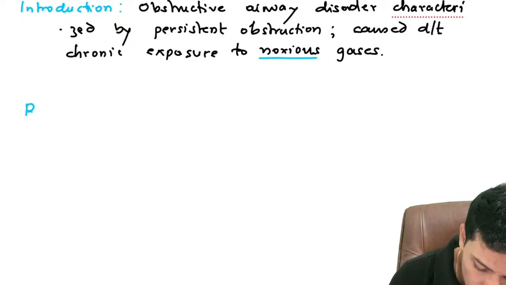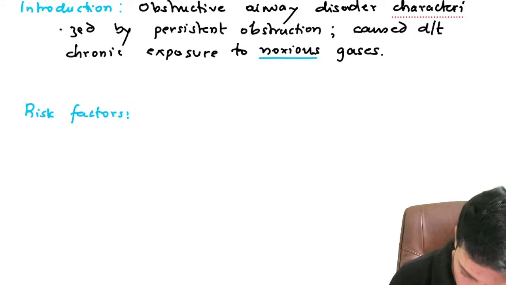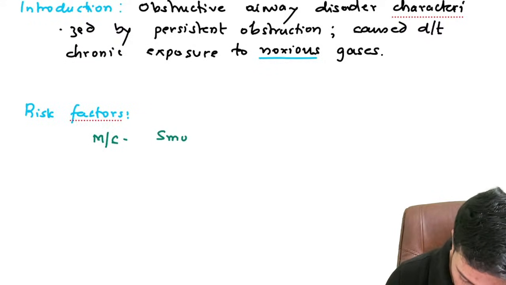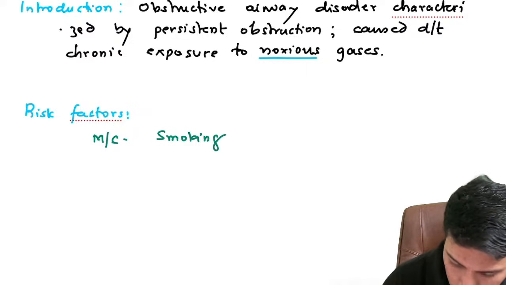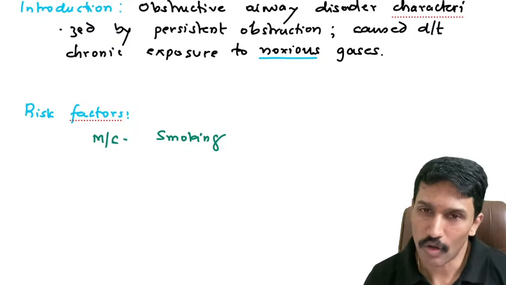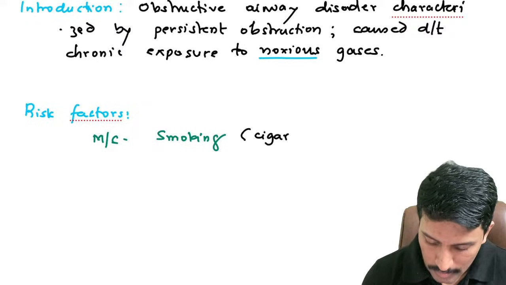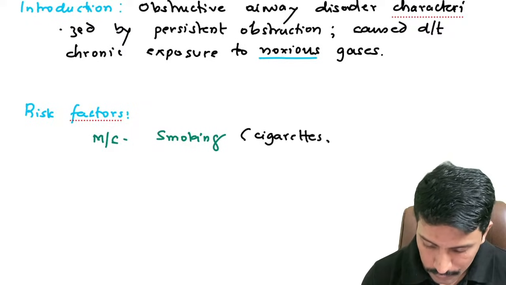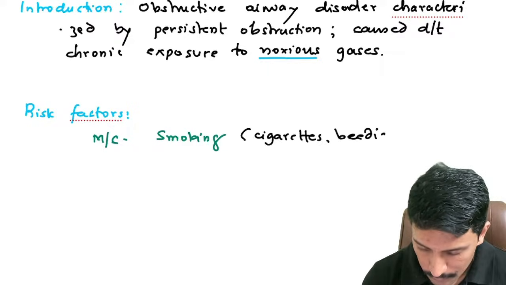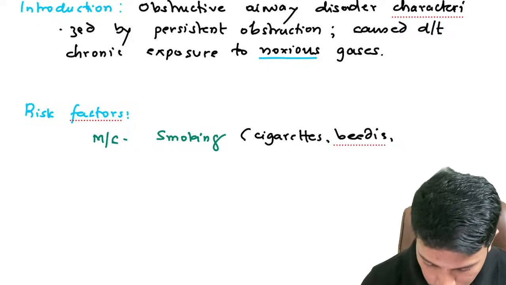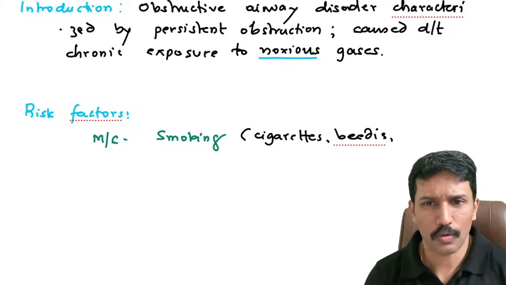Now, if we have to talk about the risk factors, of course, the most common risk factor is smoking. And when we talk about smoking, it's not only the cigarette or BD, right? So it's not only the cigarettes or BD, but even, what is that called?